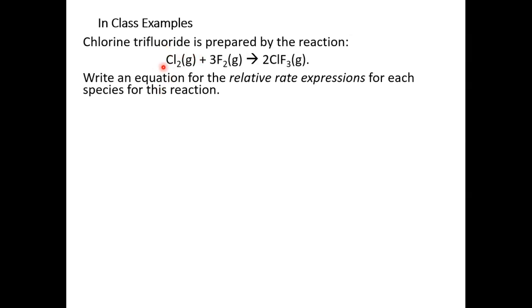What do we know about reactants rates? Their expressions have a negative sign, right? What do we know about product rates? Positive sign. What do we know about how we write the rate?